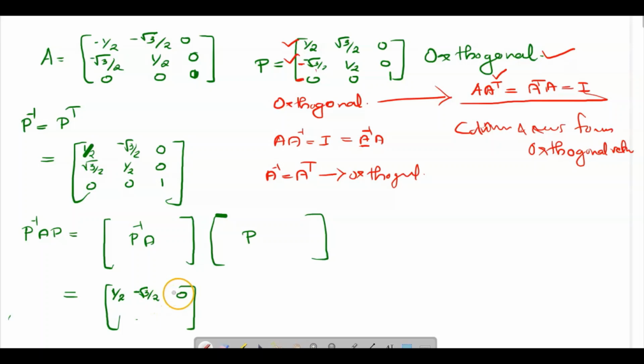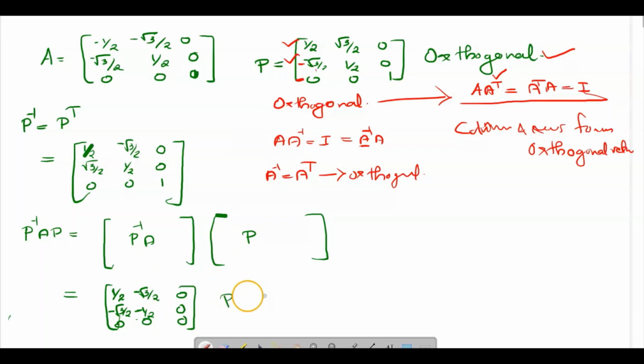And this is 0. This is the matrix multiplication P inverse A. So again we get minus root 3 by 2 here and 1 by 2, minus 1 by 2 here and 0 here. And lastly 0, 0, 0.